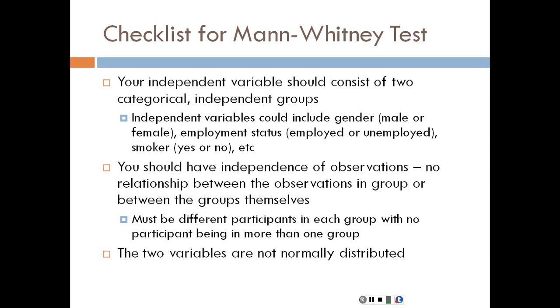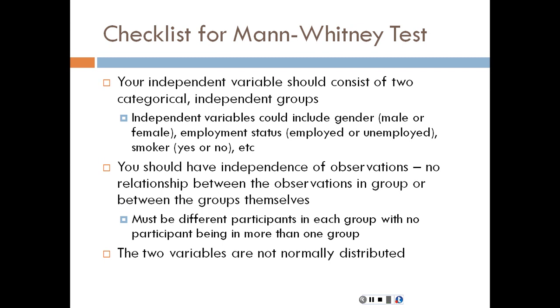It's not going to be the same people at all. There's not going to be any overlap of the groups. Each group is independent of each other. So there's no relationship between the observations in the group or between the groups themselves. So there must be different participants in each group, no participant being in more than one group.